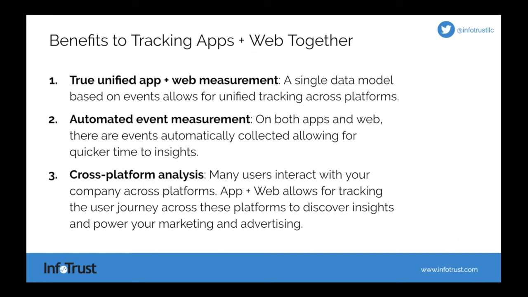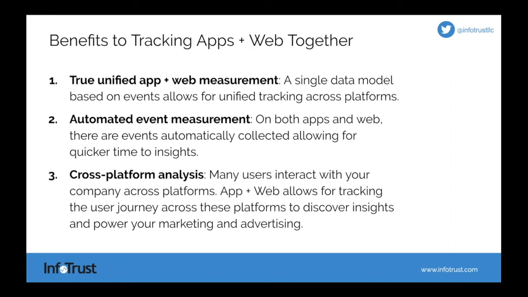We talked about this as well, the automated event measurement. So both apps and web, there are events that are automatically collected that obviously allows for quicker time to insights for you. We talked about the web version of that, which is in the property settings for those new app plus web properties. You can actually go in and click on things like page view, scroll tracking, embedded video tracking, and stuff like that. So that gets you quickly up and running.